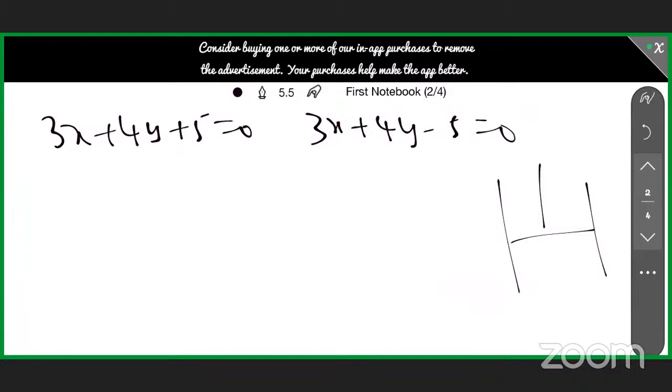First of all, I find the distance between the first line and this one, and the distance between the two lines, and it is cutting that one. So what is the formula for the distance of two parallel lines?